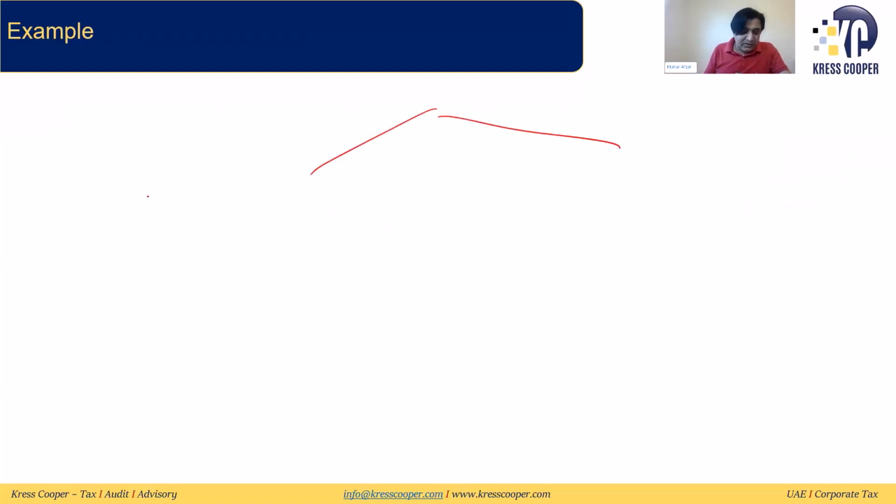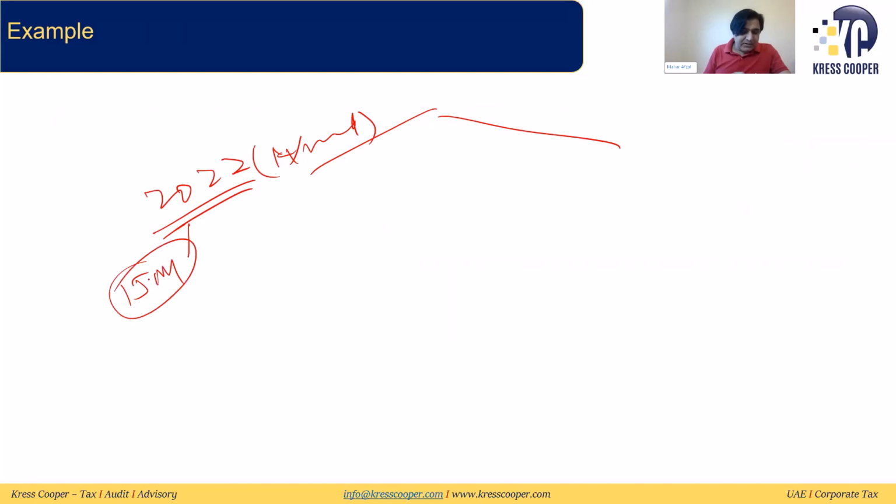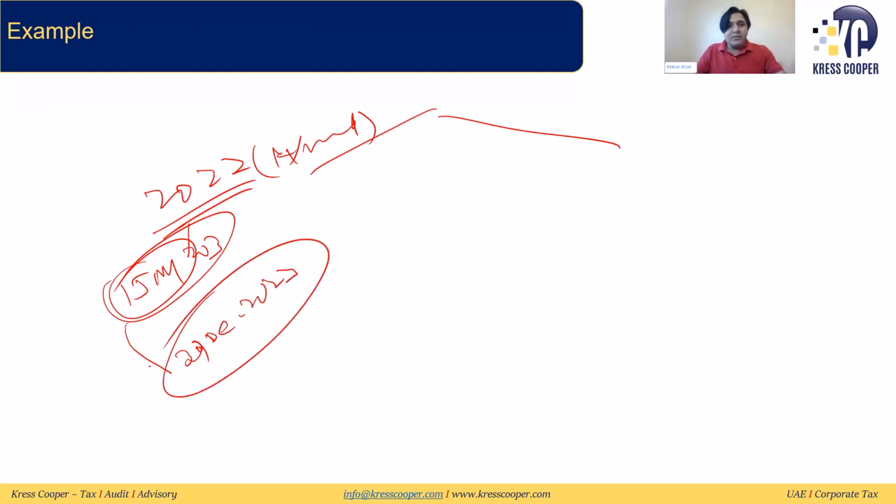Just look into this. This is 2022. If this threshold has been exceeded in 2022, then the reporting requirement will start from 1st of July 2023, assuming the first tax period is starting from 1st of July 2023. From 1st of July, 18 months till 31st December 2024, they need to report it in the return.